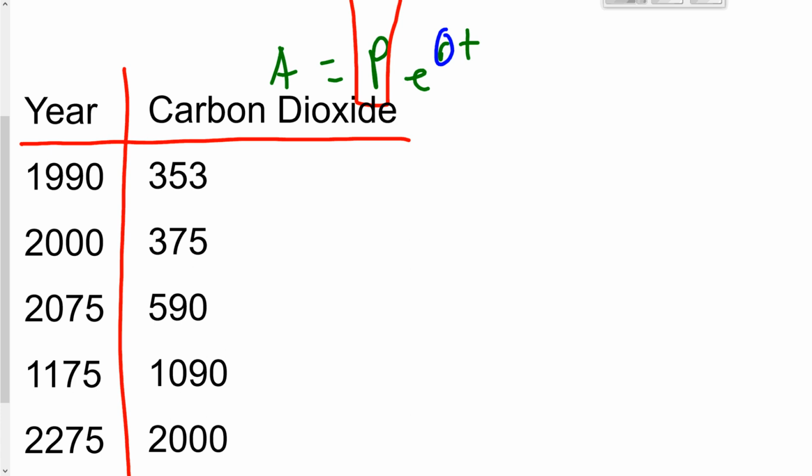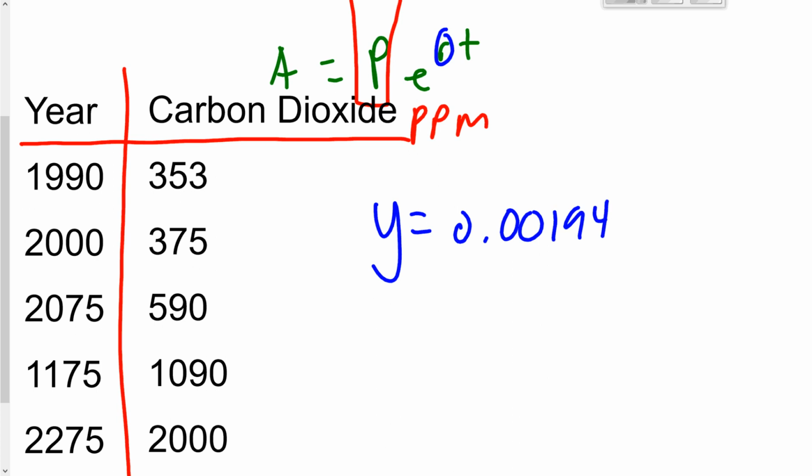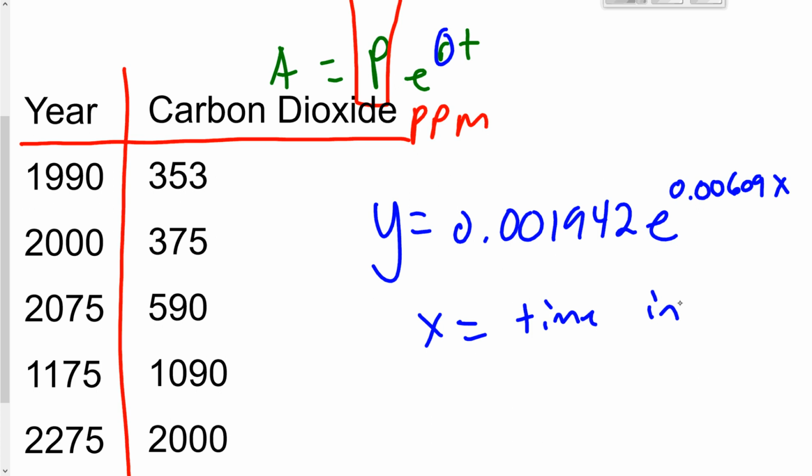These levels are in parts per million, and we want to use this model, y equals 0.001942 times e raised to the 0.00609 times x, and x is equal to the time in years.